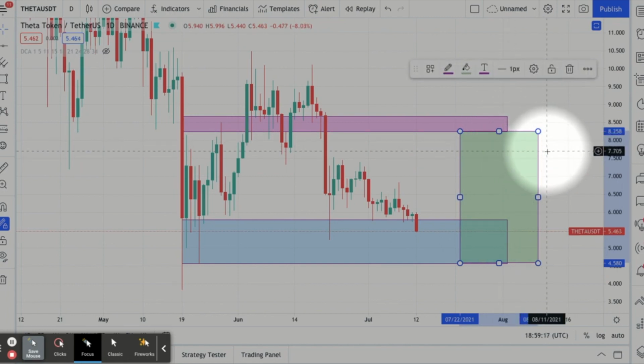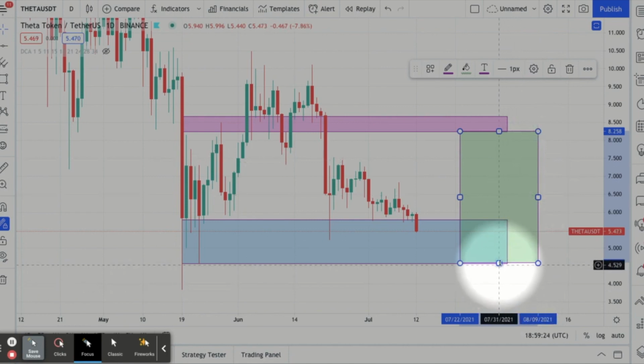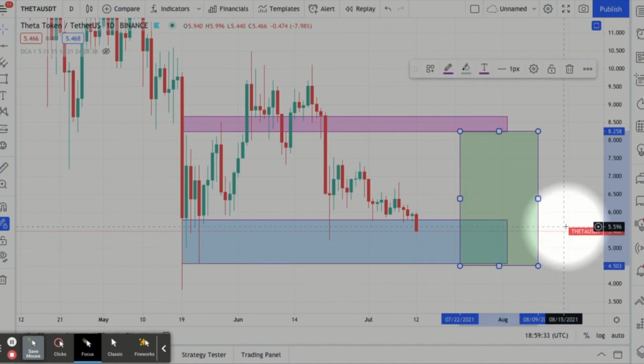It's just an easy number for the human brain to think about. So I'd bring this one down to about 450 and get it going right there. So that's going to be my grid. Now, if the price of Theta stays in that box, that means it is trading and it is working.